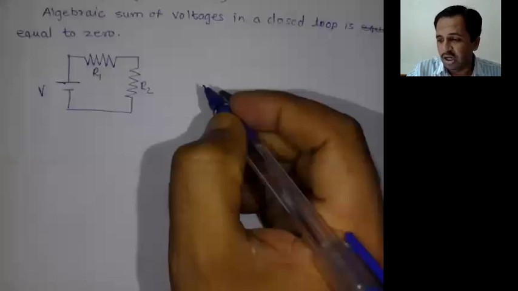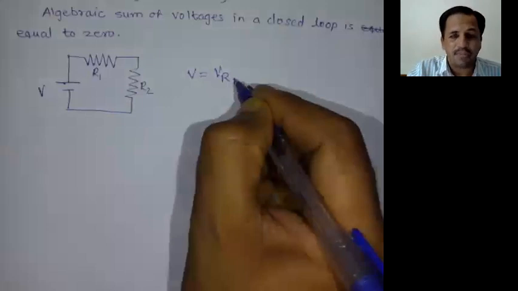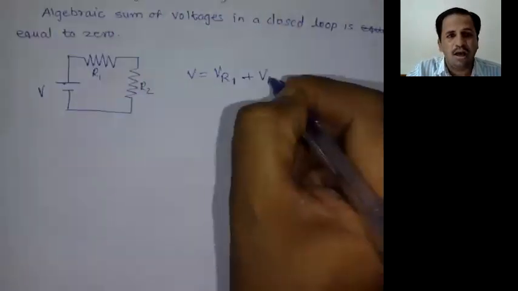Means we write voltage V equal to voltage across R1 plus voltage across R2 resistor.